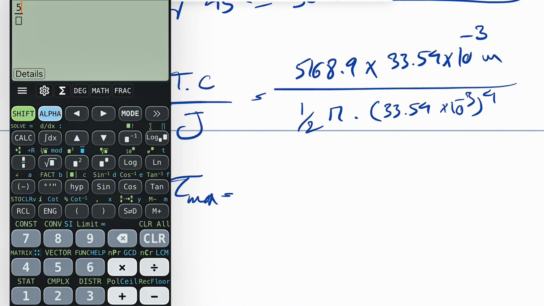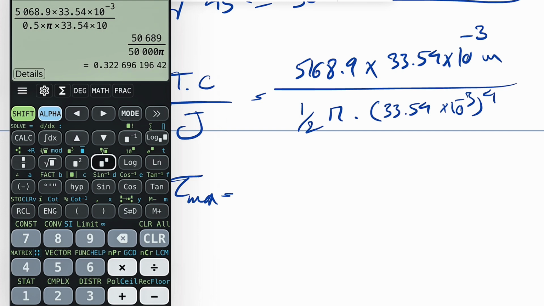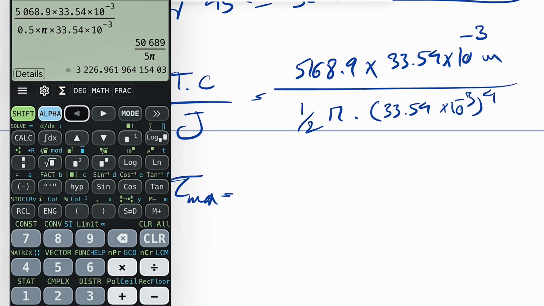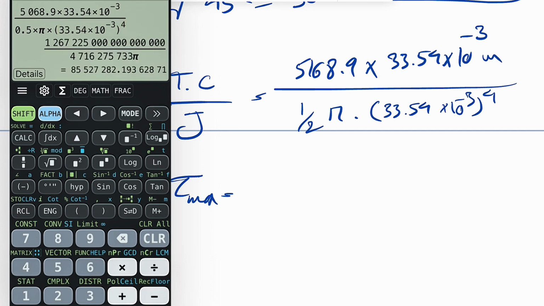Let's just calculate this pretty quick. 5168.9 times 33.54 times 10 to the negative 3. And here we have 0.5 times pi times 33.54 times 10 to the minus 3. Just do a parenthesis here, and all to the power of 4.